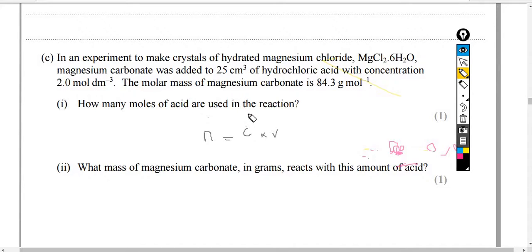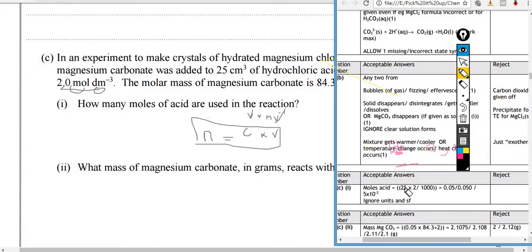See, volume, if you multiply that with the concentration, which has the unit of moles and also inverse of a volume, these two will cancel each other out, leaving you moles. So if you don't remember this equation, you can just use the units as well to find a certain answer.